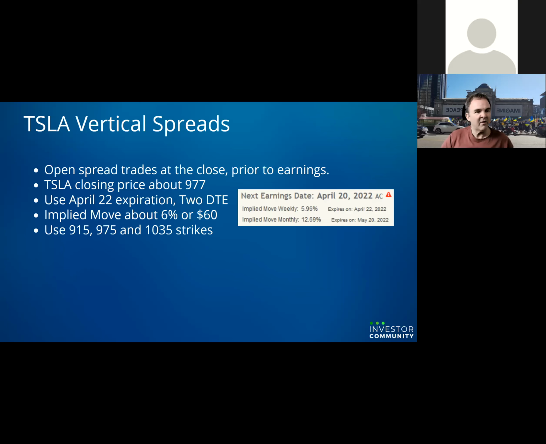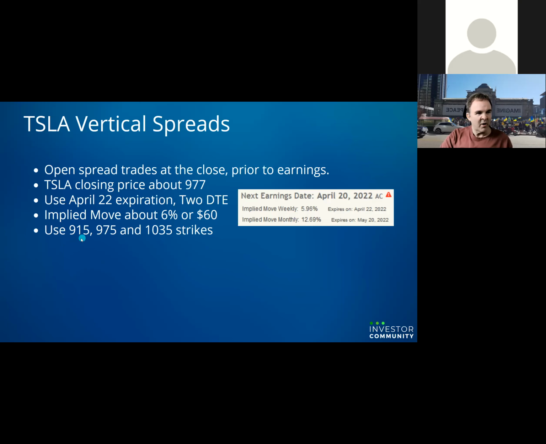So that means for Tesla options at the close yesterday, if we had bought them right before the close, because we can't buy them after the close, our center point, or our at-the-money option, is 975.